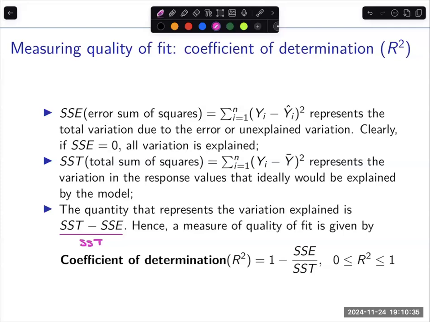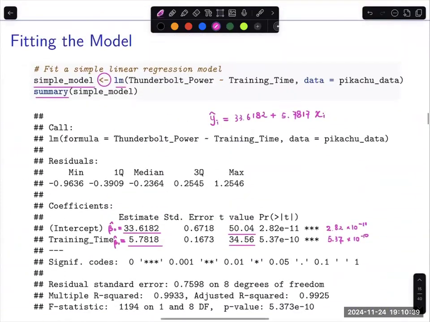So from the previous output, we have seen that R squared is equal to 0.9933. That is a very high number that is close to 1.